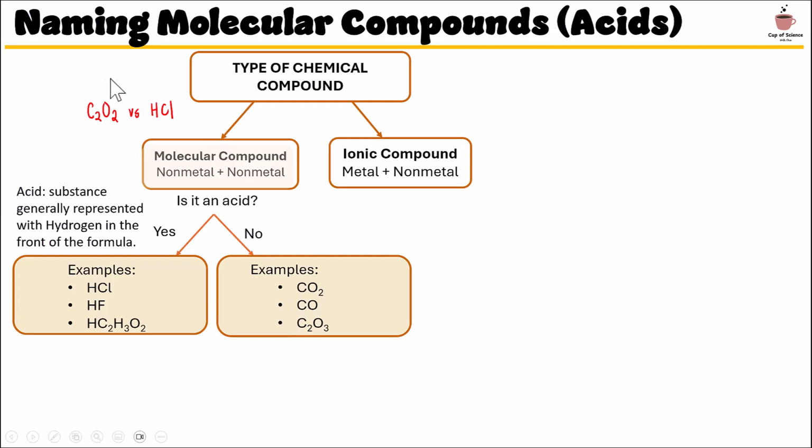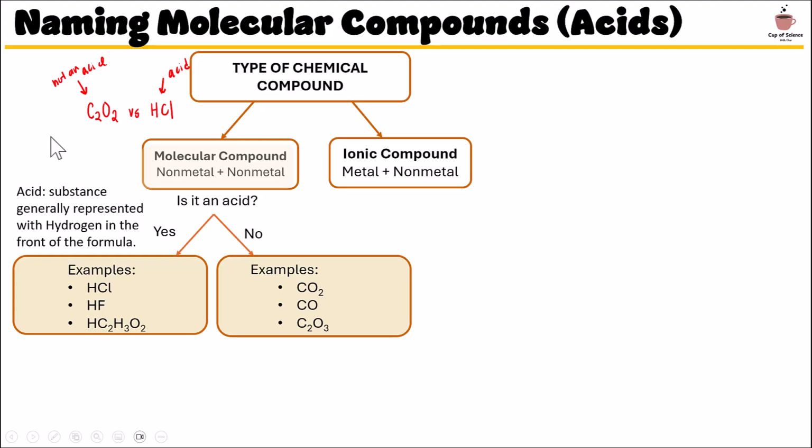Going back to this example, we see no hydrogen in the front here, so this is not an acid, whereas this one is an acid because we have H in the front.